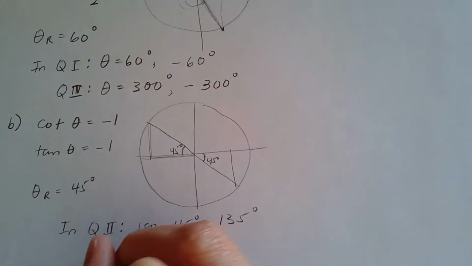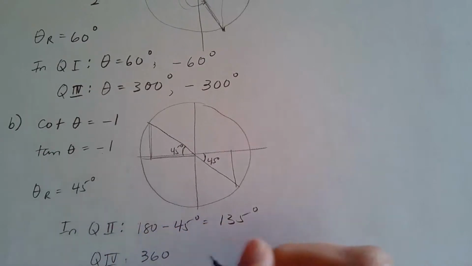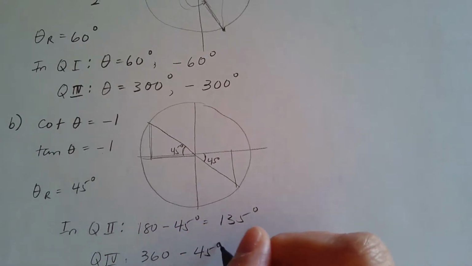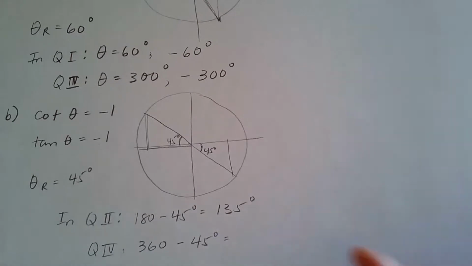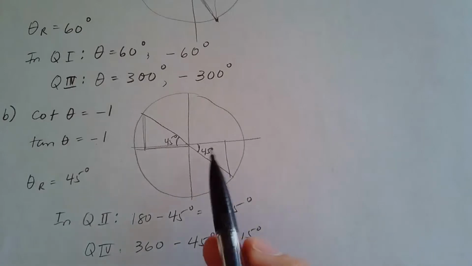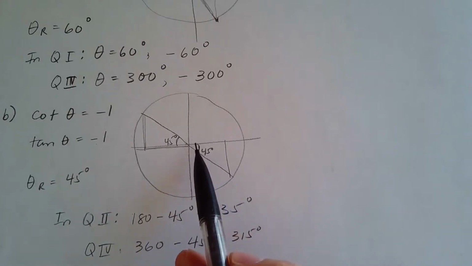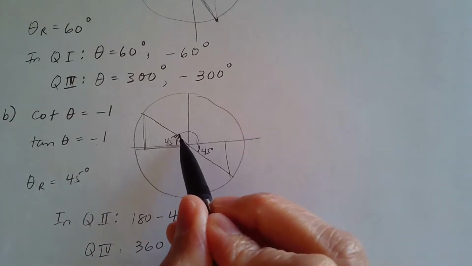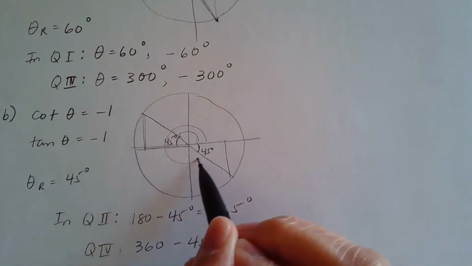In quadrant 4, it's going to be 360 minus 45 degrees, which is 315 degrees. These are for positive rotation, rotating this way and then rotating this way.